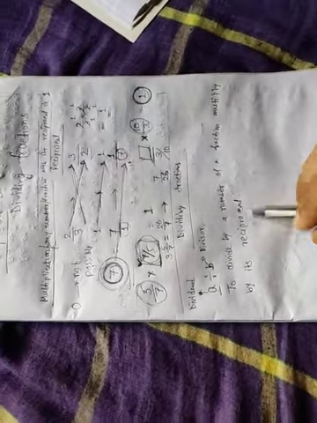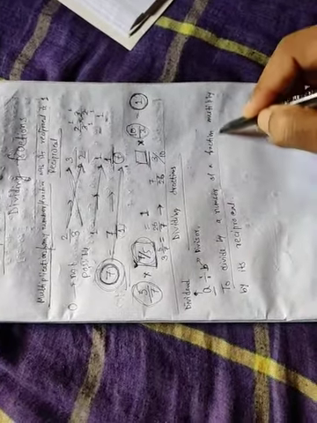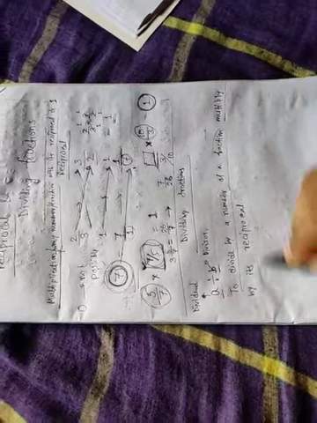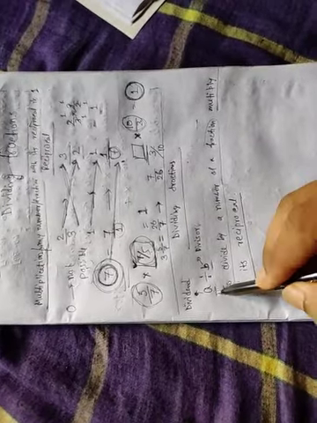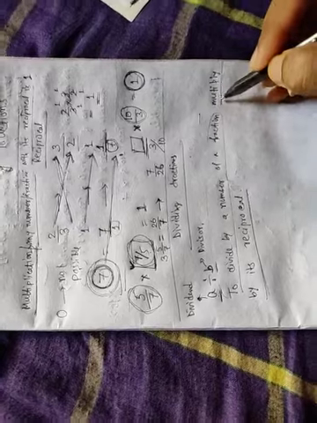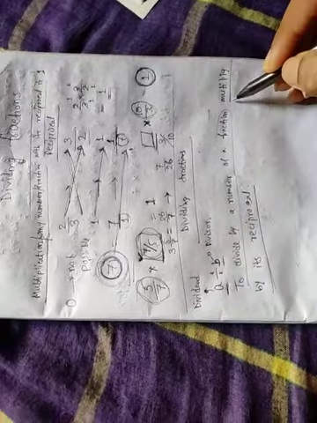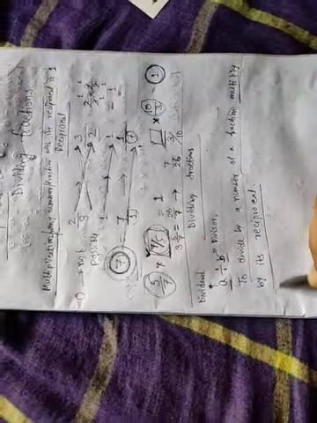To divide by a number or fraction, that means it is a divisor. So multiply by its reciprocal. For the division, the dividend will not be changed. What will happen? For the division, you have to do the multiplication by its reciprocal.